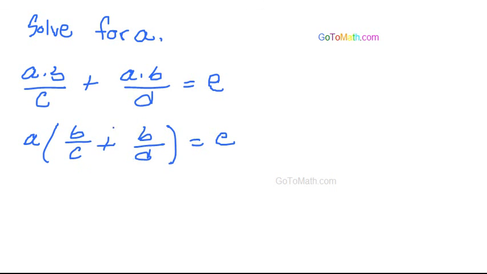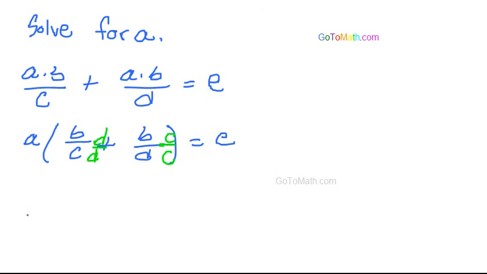Let's get this all into one single fraction. So let's add both these fractions. In order to do that, we've got to have a common denominator. That means I'm going to multiply this side by D over D, and this side by C over C. Do you see that? Now we have C times D and D times C, so we have a common denominator.